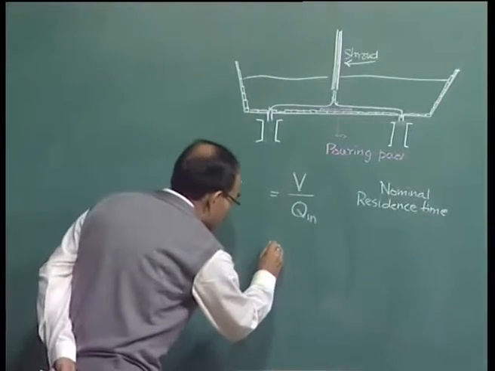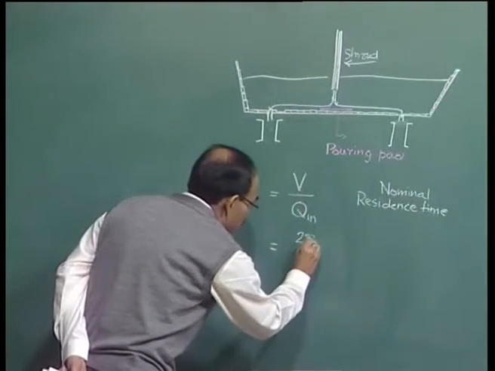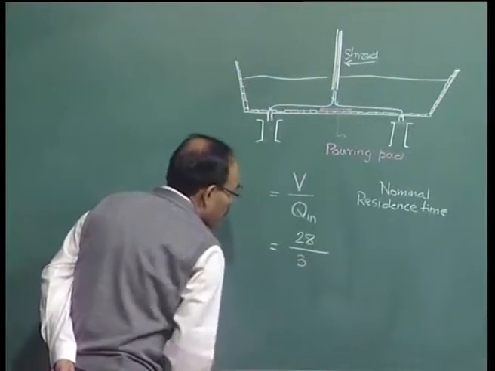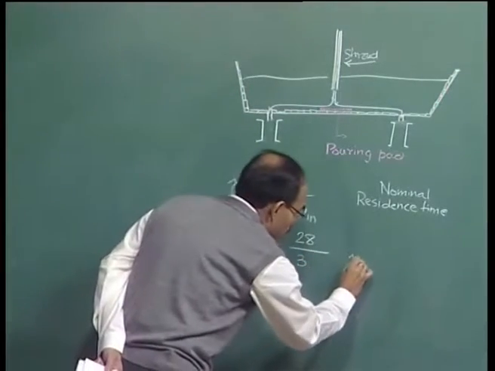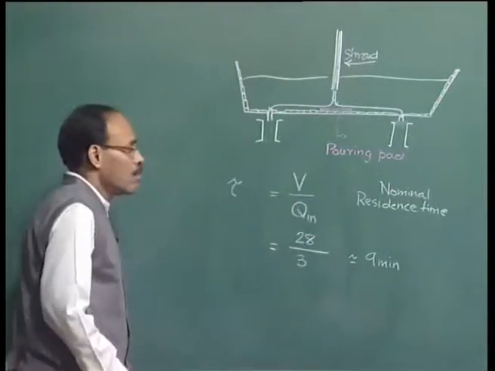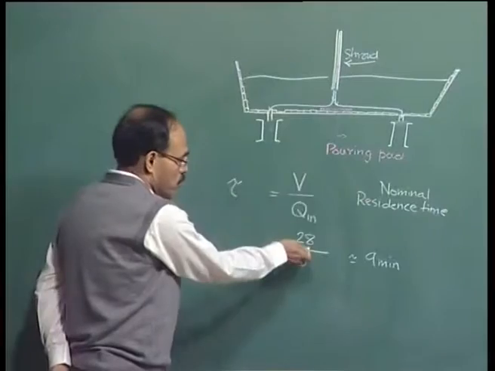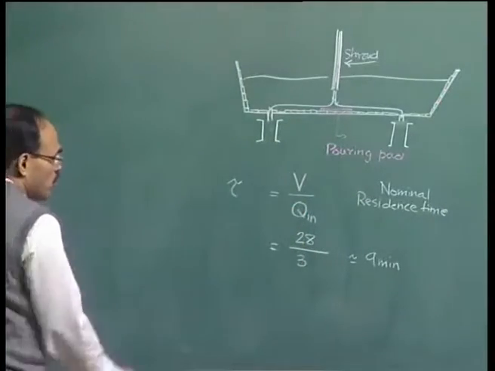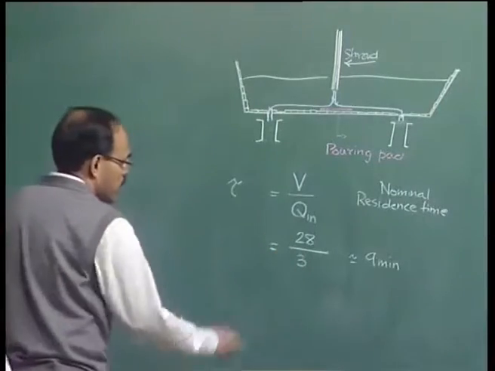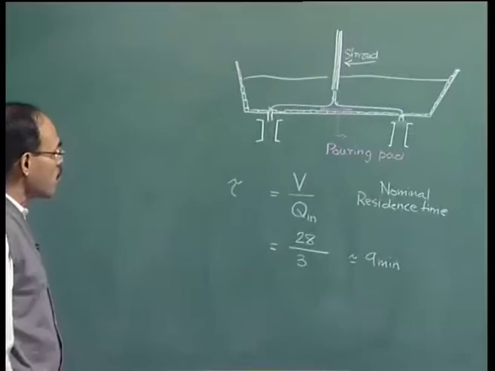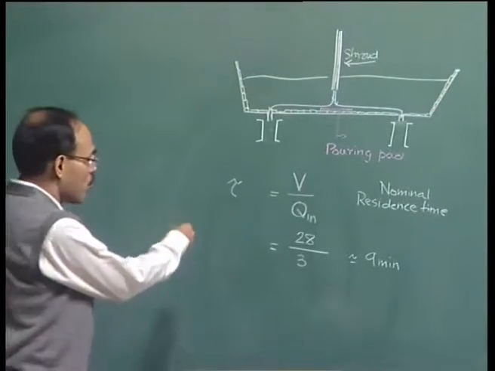For a 28 ton tundish and 3 tons per minute, we are talking about something like 9 minutes. Because the density is the same in both expressions, 3 tons is the mass flow rate and 28 tons is the capacity, so the residence time can also be found in terms of masses.